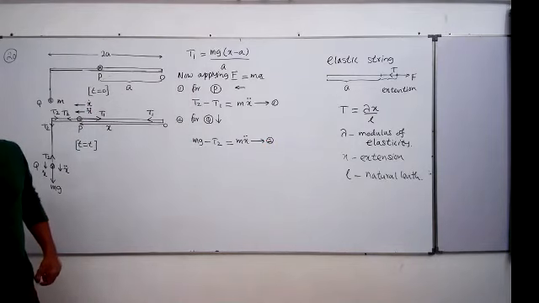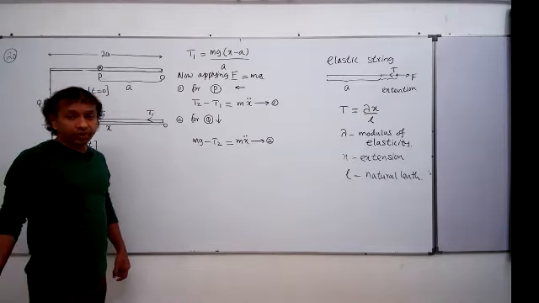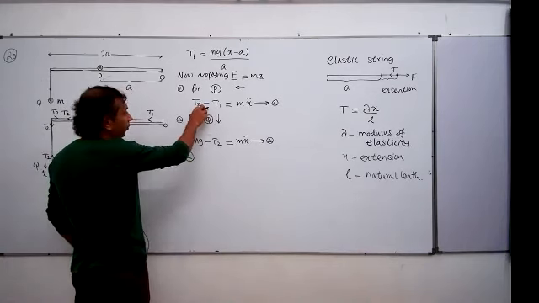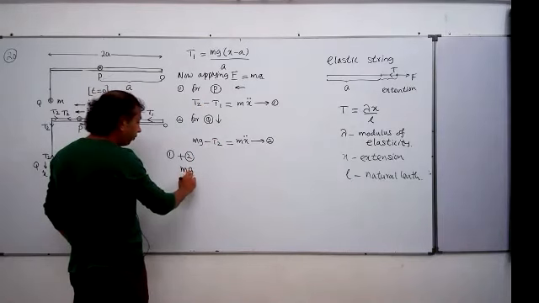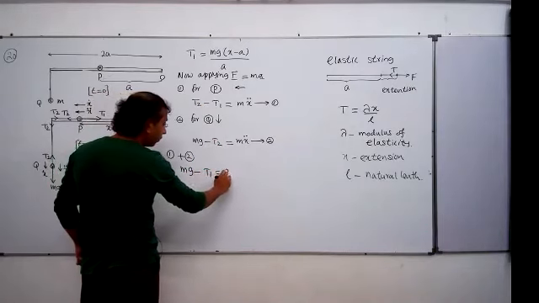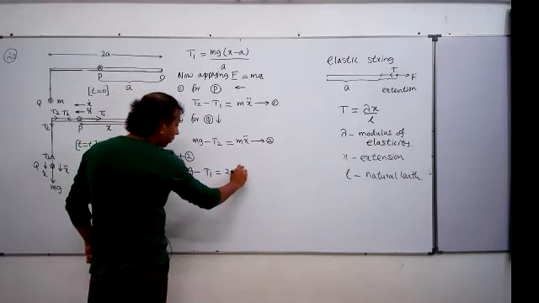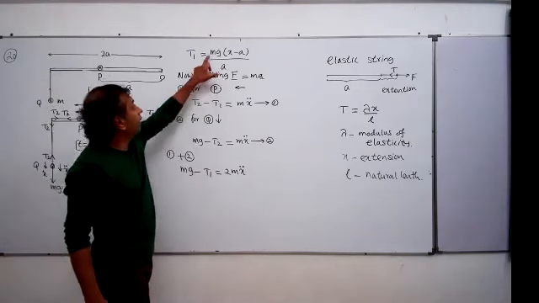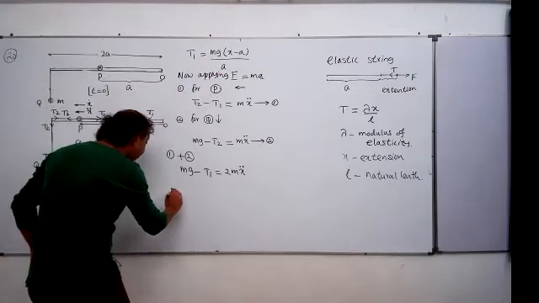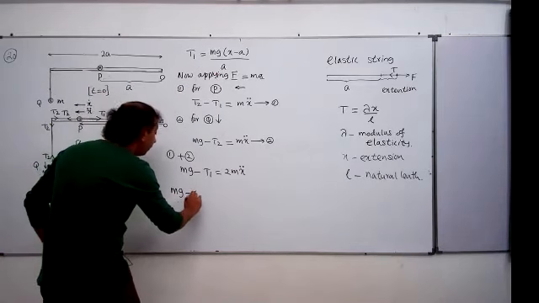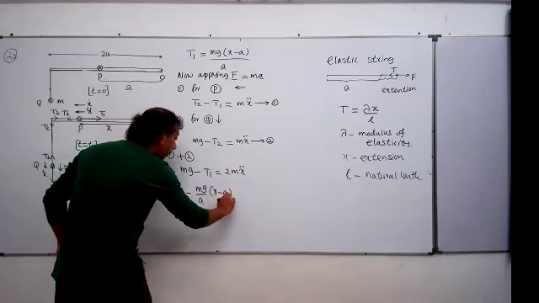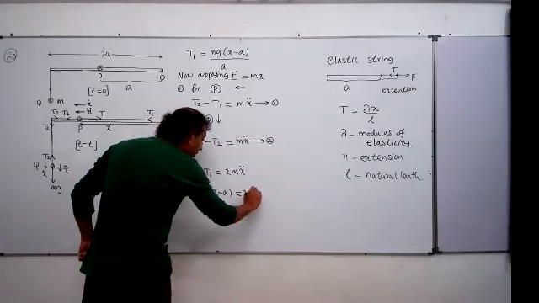We need to obtain a relation between x double dot and x. Now what we do is, I add 1 and 2. What happens? This and this will cancel off. mg minus T1 is equal to 2m x double dot. Substitute for this T1 by the answer: mg minus mg upon a times (x minus a) equals 2m x double dot.